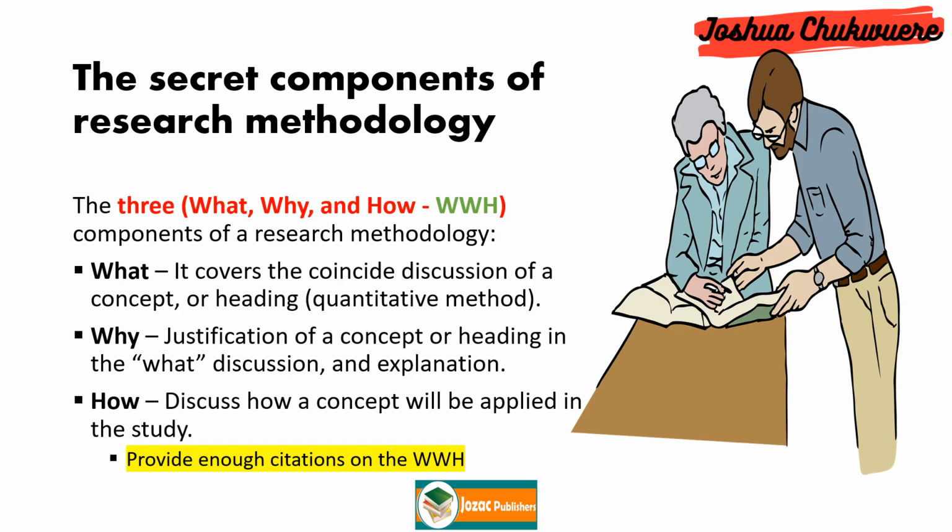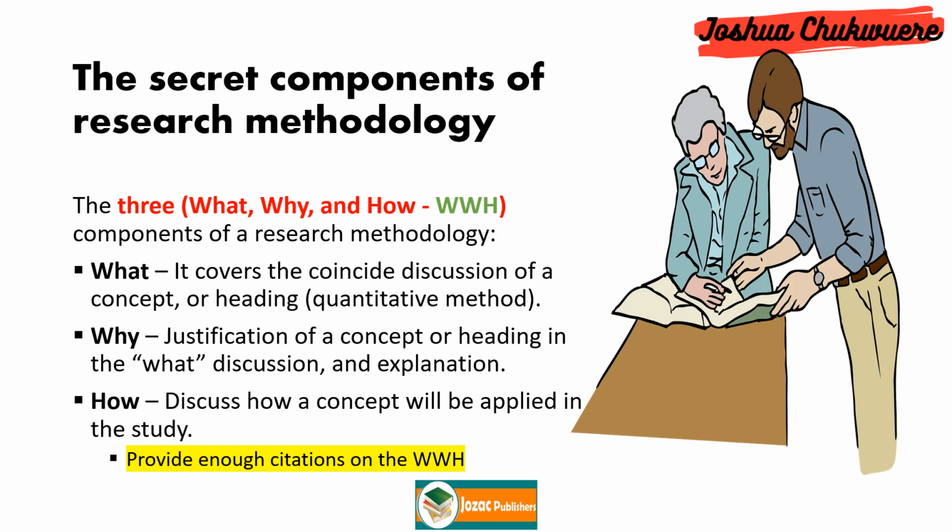So you are giving the reader enough information to believe what? That the quantitative method you have chosen is not just a mere choice, not just talking about it, but look at how you are going to use it, how you are going to apply it, or how you have used it in the study. By so doing, you are able to capture the essence of what research methodology is all about.